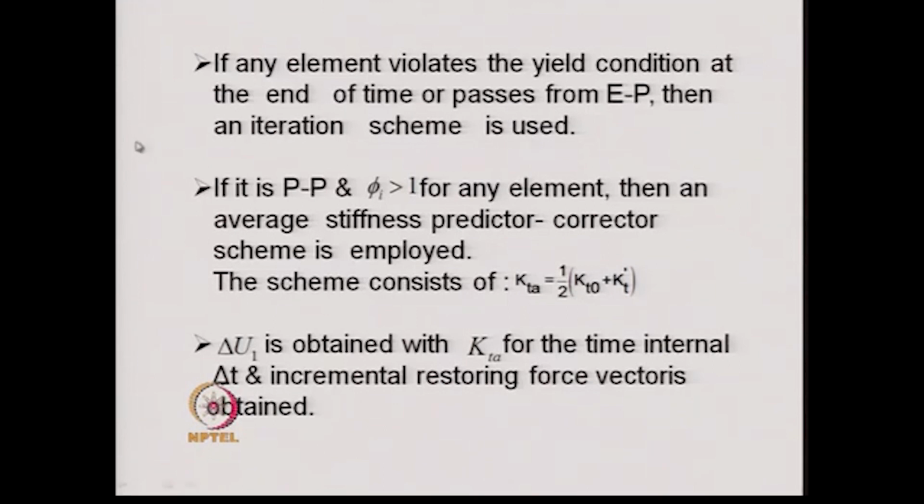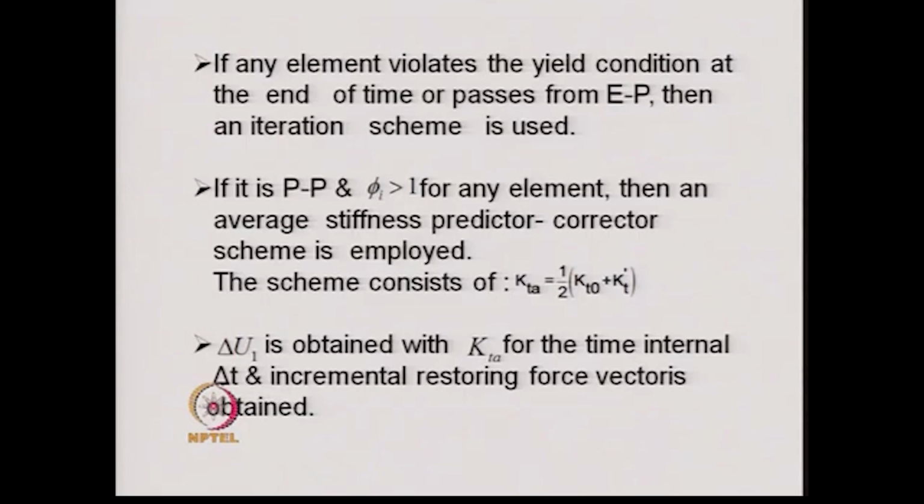yield condition is satisfied. Now, in the case when any column passes from plastic to plastic state, and if phi I is computed as greater than 1, then an average stiffness predictor-corrector scheme is employed.